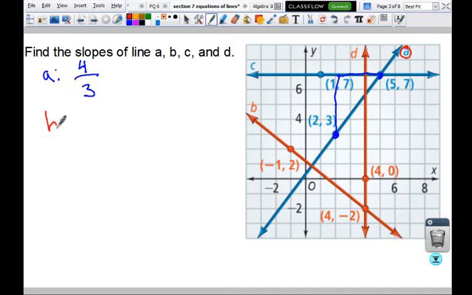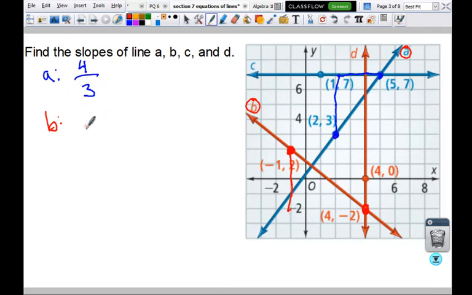Let's look at line B next, which is right here. On this one, it was also kind of nice. They gave us points already. They gave us this point right here, and this one right here. This one is a little different though, because I'm starting on the left and going down, which means my slope is -1, -2, -3, -4.